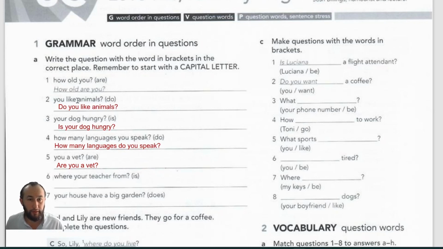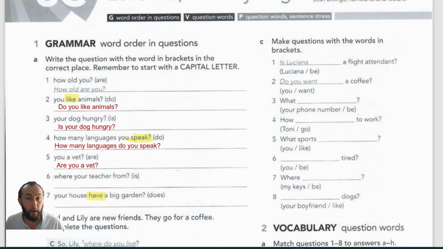For example, like, you see? We got like, verb, and then we got here speak, and then have, for example. So when we have these proper verbs, then we use do or does to make a question.